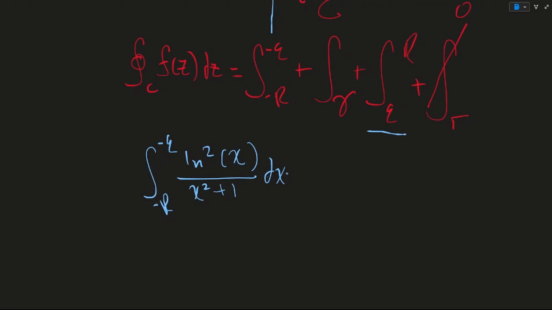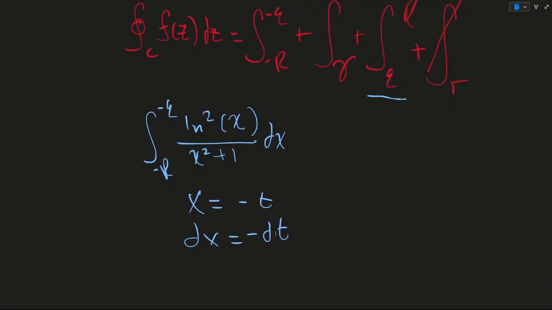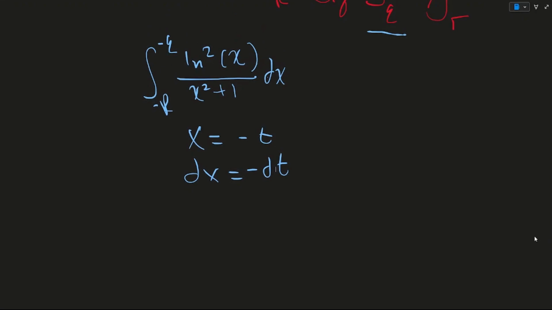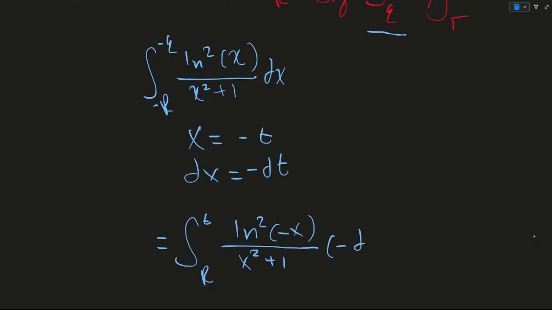So let's go ahead and say that x is equal to negative t. This means that dx is equal to negative dt. And so it now follows that our integral is from r to epsilon of ln squared of negative x over x squared plus 1 times negative dx.